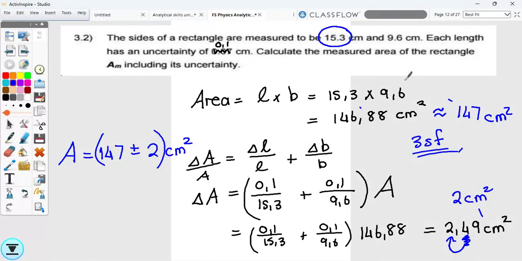It is more accurate because it's an abstract value. This is an actual reading that you are using a ruler to measure. You cannot use your ruler and measure to that decimal place there. And now once we have gone from centimeters to centimeters squared, the values become less accurate because we are now squaring values with an uncertainty already in them.